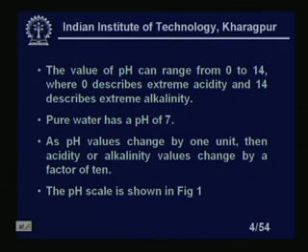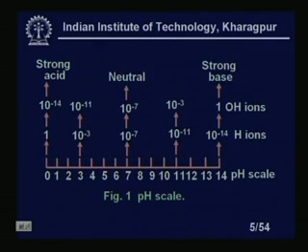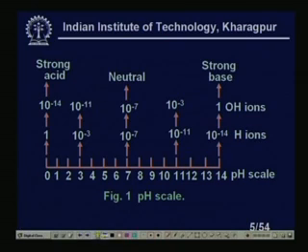The pH scale is shown in figure 1. Here, 0 is strong acid and the other end is strong base. Base and alkali, as you know, are the same thing, and pH 7 is neutral.